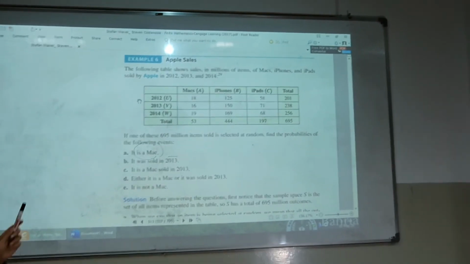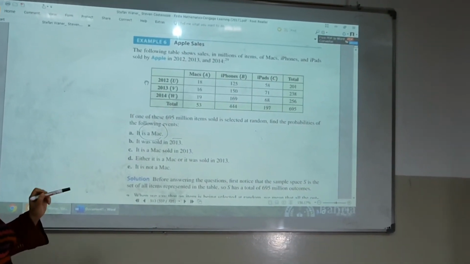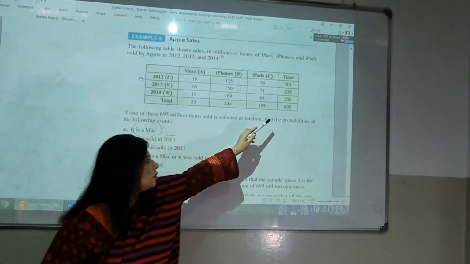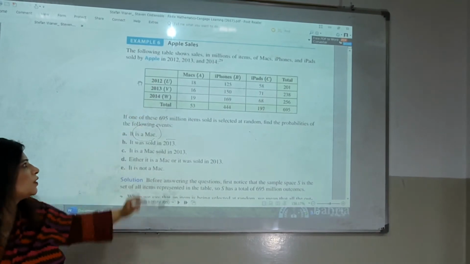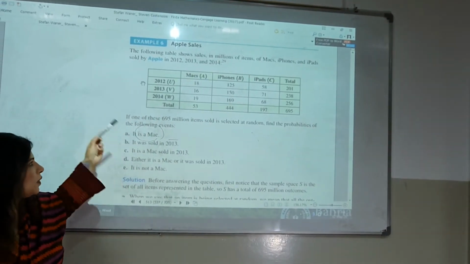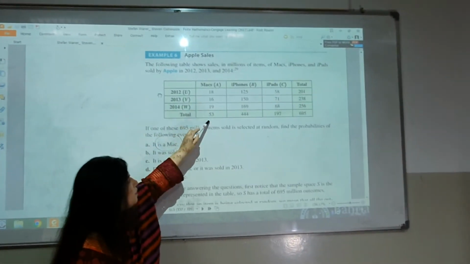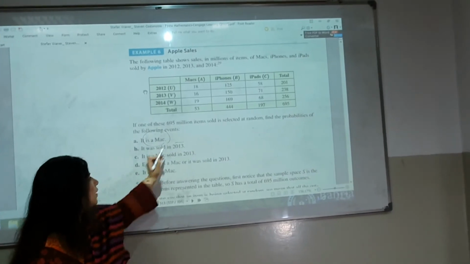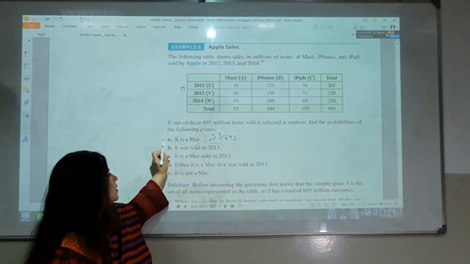They ask you, if 695 million items are sold, this is the total of 695 million items. We have Mac, iPhone, iPad, and we have number of years. You have to find out whether it's a Mac first of all. So this is perhaps event A. So the Mac is 53 over 695. So I can simply write 53 over 695 as the event A.